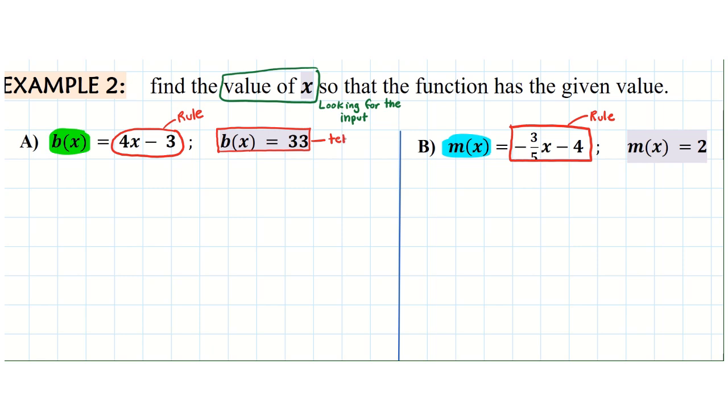So let's look at what information we're given. On this one, we're given that this output is 33. So there's a certain input that we have, but when it goes into our rule, it comes out as 33. So b of x, 33 is our output.